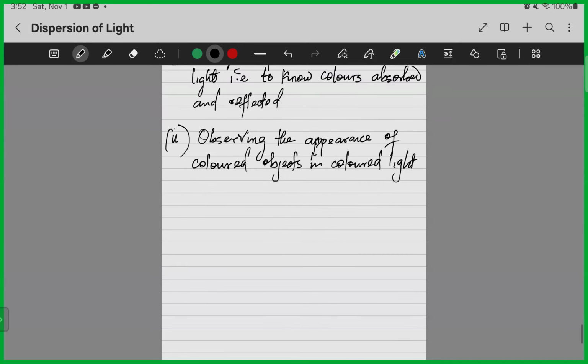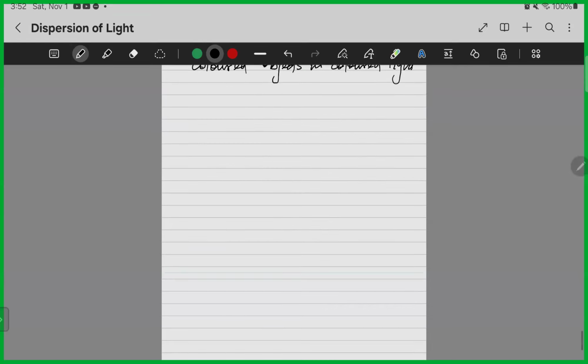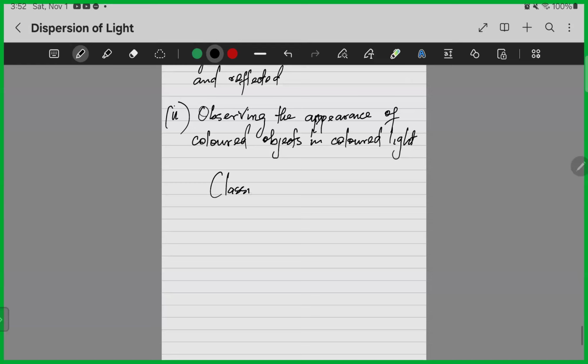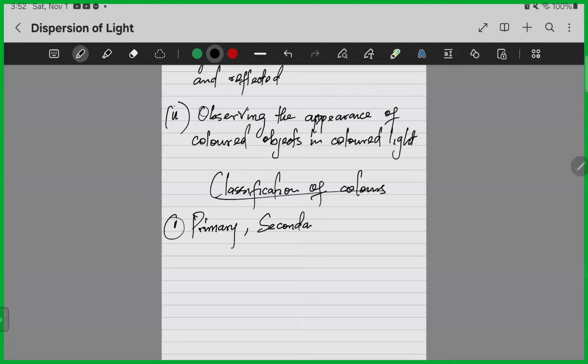So let's now talk about classification of colors, which is one of the interesting parts we're getting to. Classification of colors. So we can classify them into primary, secondary, and complementary colors.